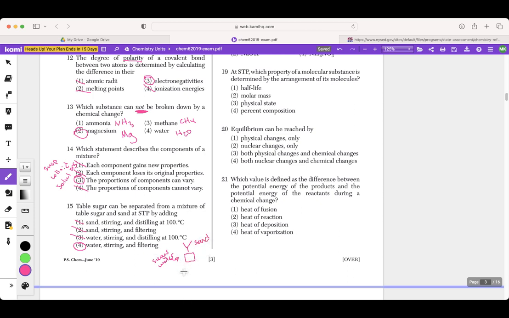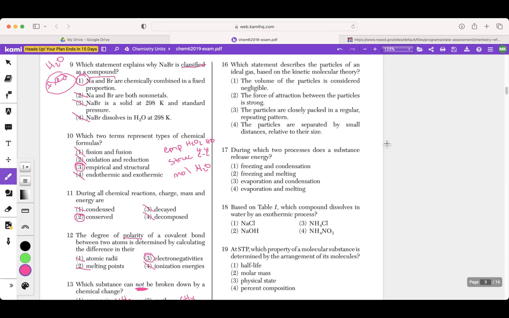This is also a perfect example of why you cannot separate components of solutions using filtration because it's going to go right through that filter. Think about brewing coffee. I'm making a solution with the compounds in coffee, and that's why we use a coffee filter to leave behind those grinds, and what we're left with is our delicious coffee.